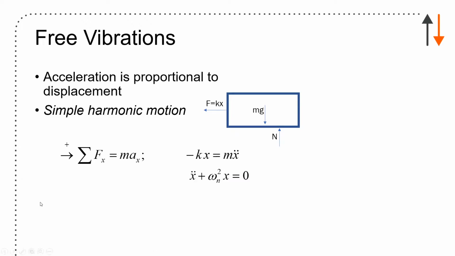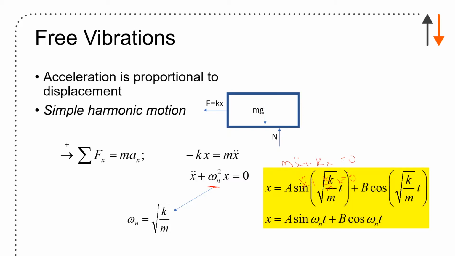So here I have the force equal to mass times acceleration x double dot, and I can write out all the terms. I've got force, which is driven by the spring, and the acceleration of the system, and I'll end up with a governing equation of this form: mx double dot plus kx equals 0, or x double dot plus k over m times x is equal to 0.